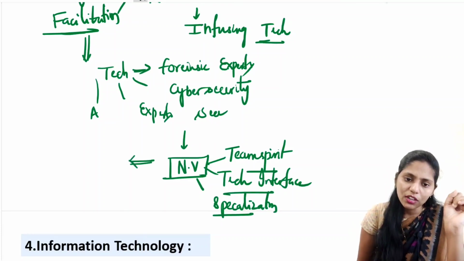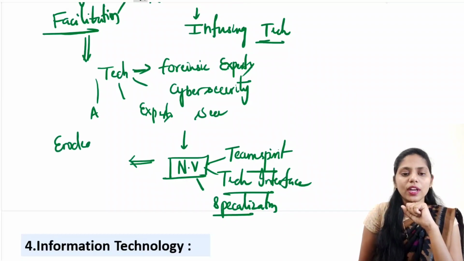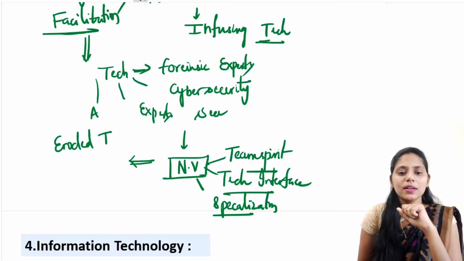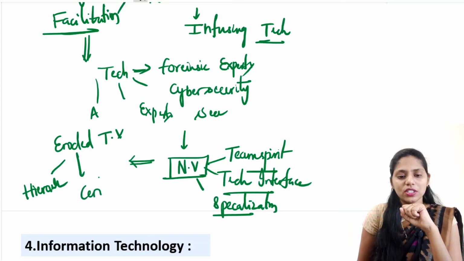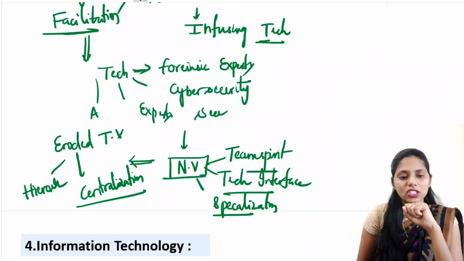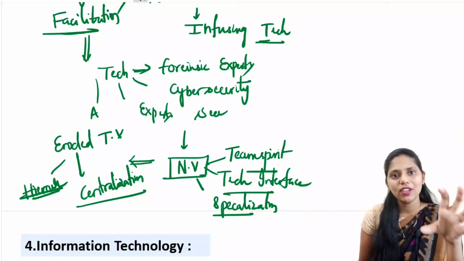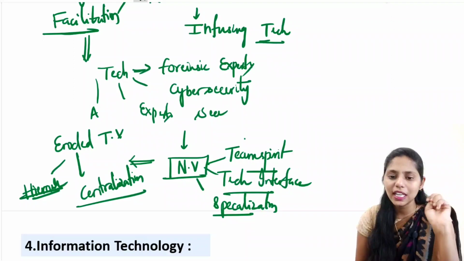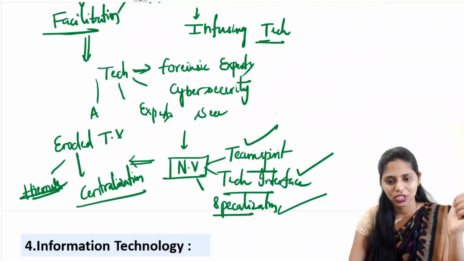Because of infusing technology in our administration, it led to the erosion of some traditional values, for example hierarchy and centralization. So there is erosion of traditional values like hierarchy and centralization, and we came up with new values like team spirit, technological interface, and specialization.